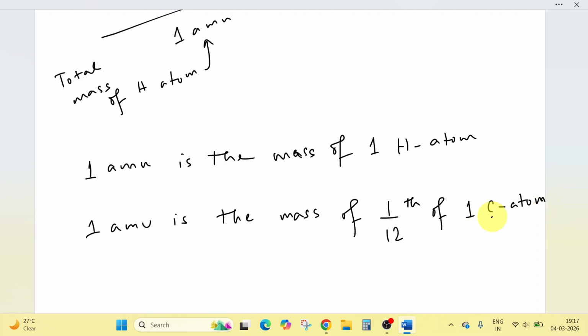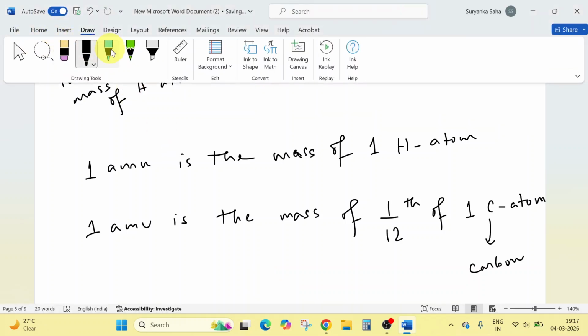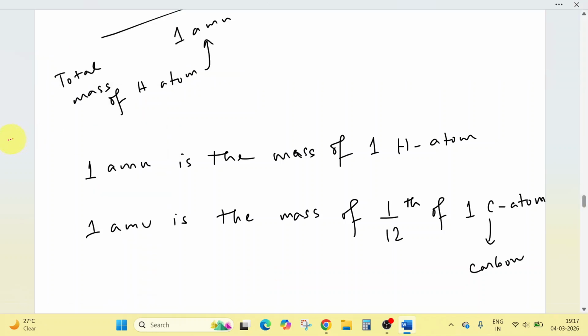In this way also I can write it, C for carbon. Whatever the mass of the carbon atom is, I will divide it by 12, then I will get the 1 AMU mass. The scientists have discovered it in this way, that's why. Otherwise there is no such critical logic here, nothing rocket science.